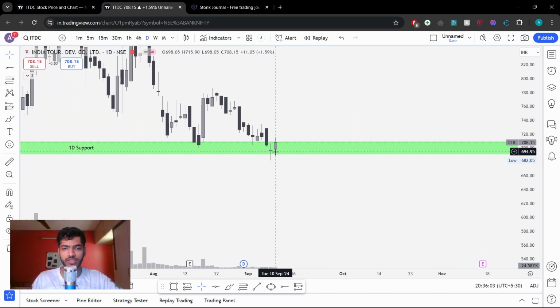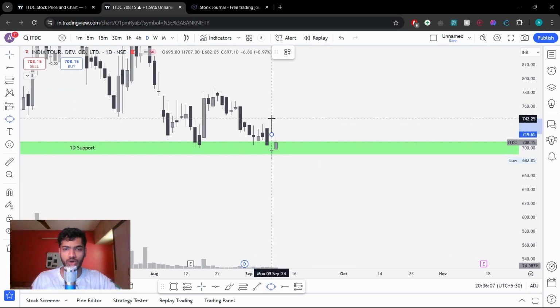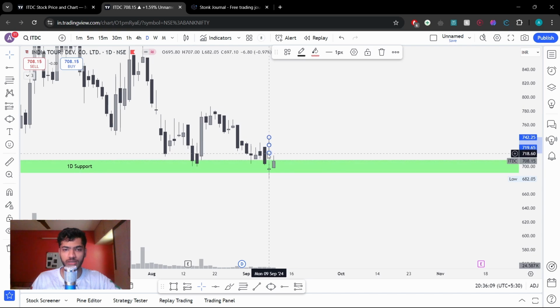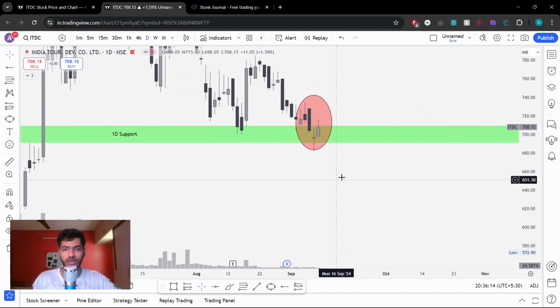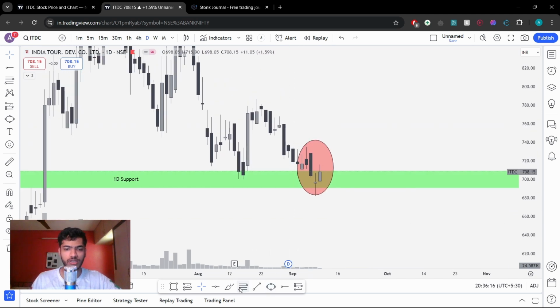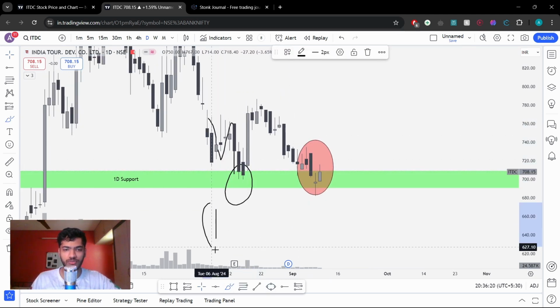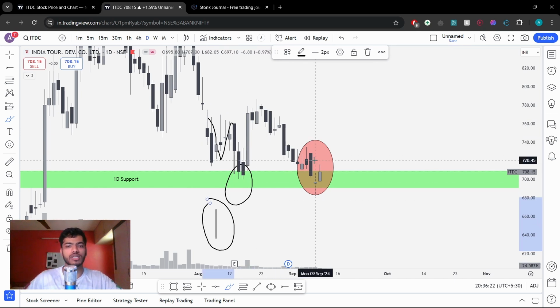And if you see right here, what is it? It is the same trapping candle or the same trapping setup, right? Now what is the setup? If you can see, this is the price where it first touched. So this is my first touch. I was tracking the stock here.